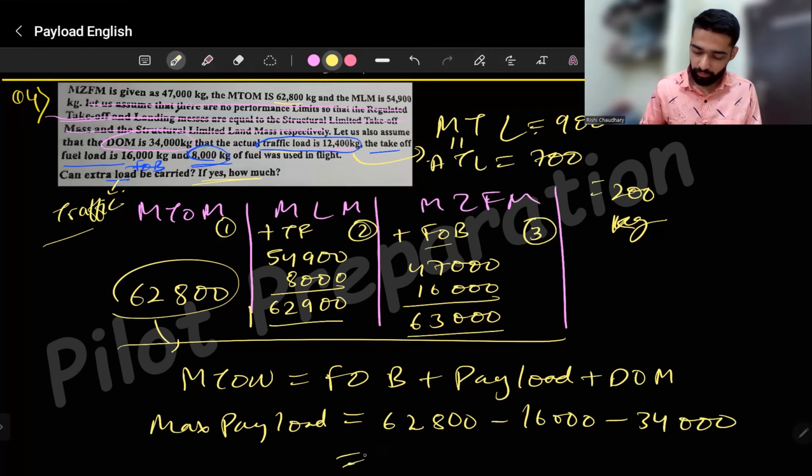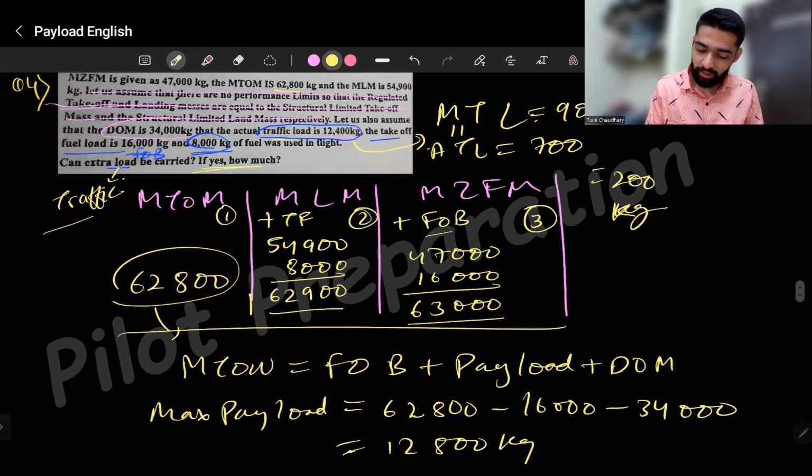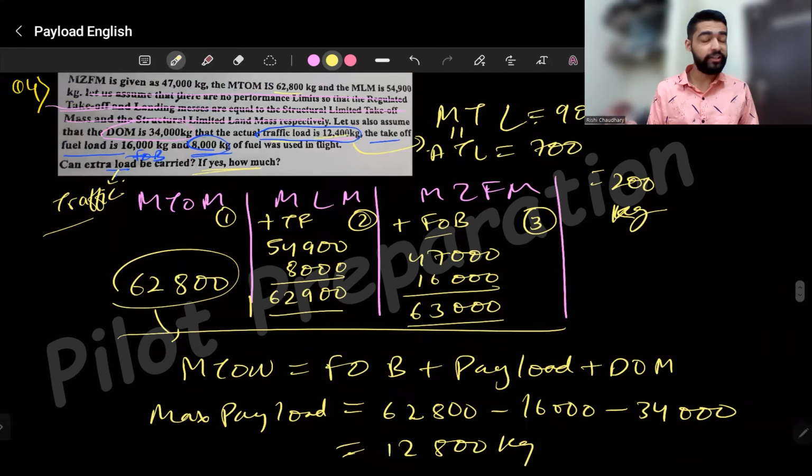So this comes out to be 62,800 minus 16,000 minus 34,000. This is 12,800 kg, but my actual takeoff load is 12,400 kg. So I am putting 400 kg less in my aircraft.